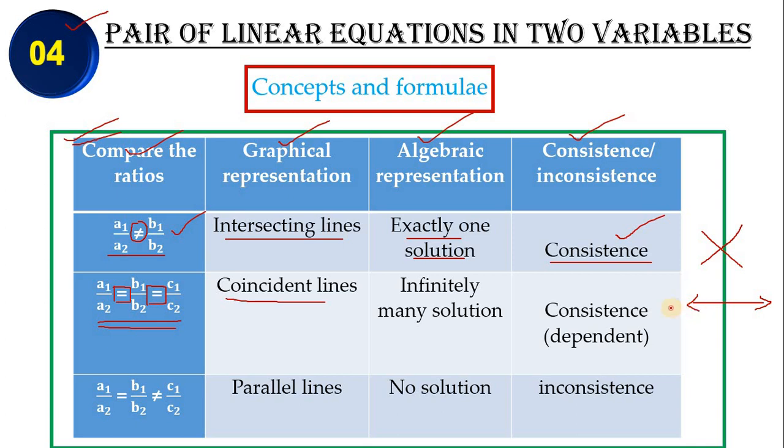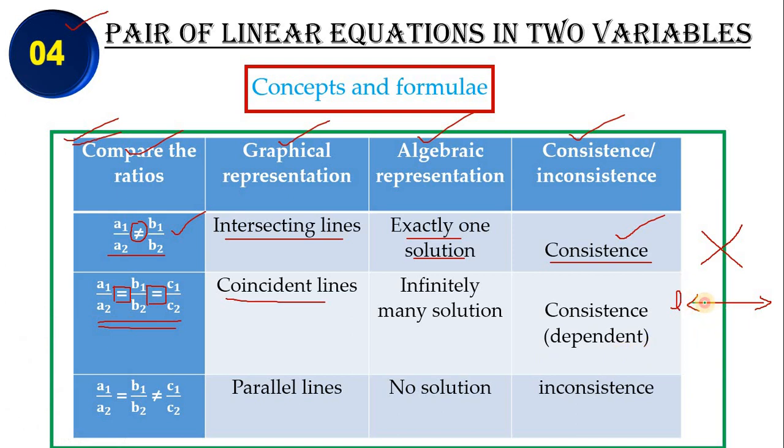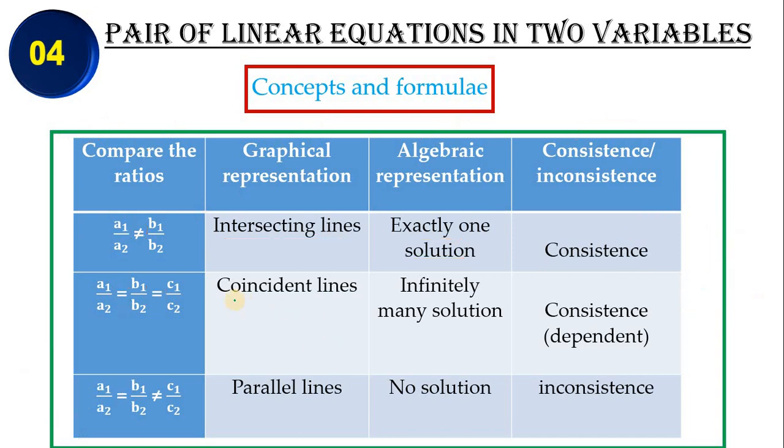Now here there is a line L and line M also falls on L itself, just like this. Now both the lines are falling on one another. So these kinds of lines we call coincident lines. Coincident lines always have infinitely many solutions, and these are also consistent.